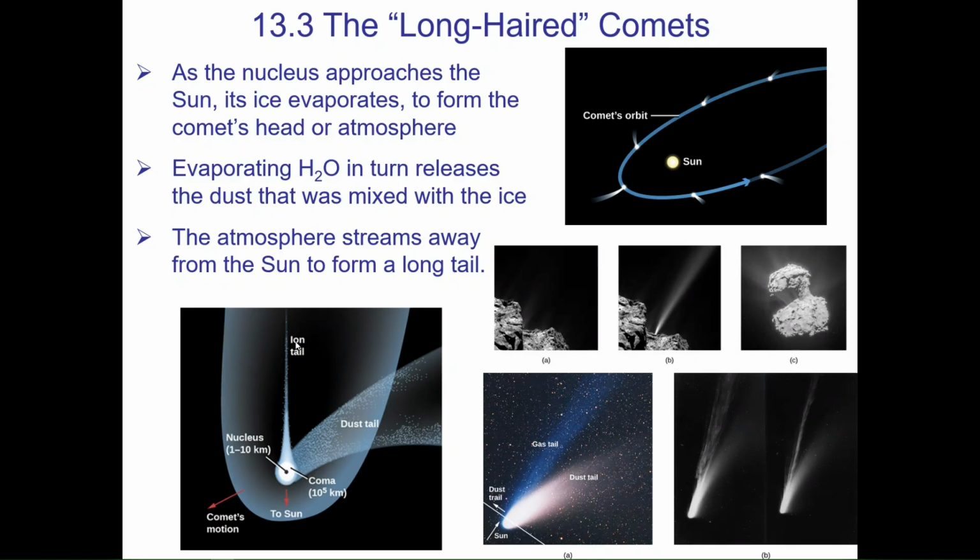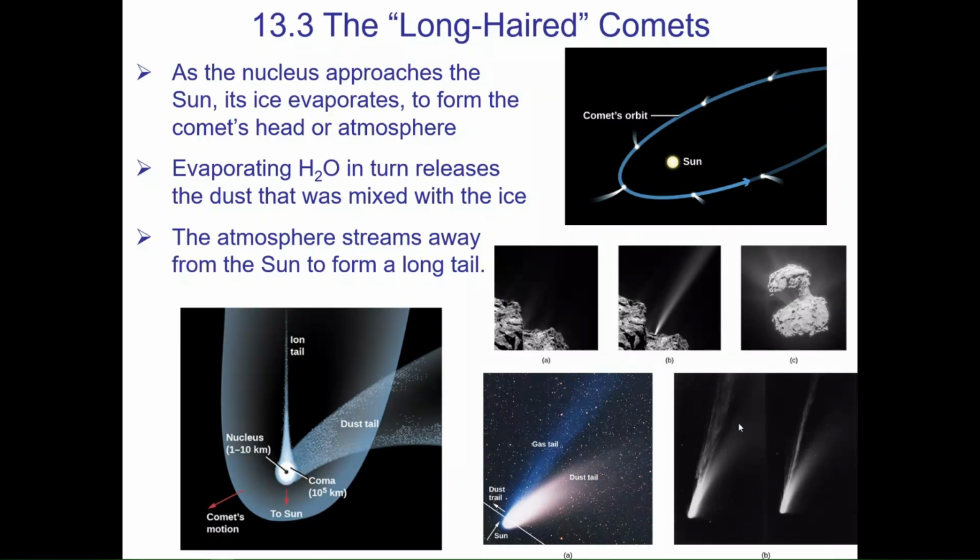We think the ion tail is carried outwards by the stream of ions usually emitted by the sun. The ion tail usually is much fainter than the dust tail. And the major tail is actually the atmosphere streaming away from the sun. This forms a very long tail.